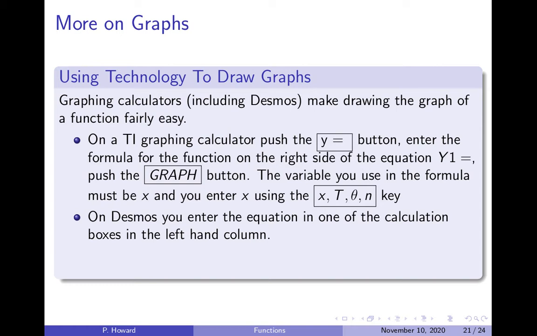On Desmos, I think things are easier. You simply enter the equation in one of the calculation boxes that appear in the left-hand column. We'll look at an example very shortly.